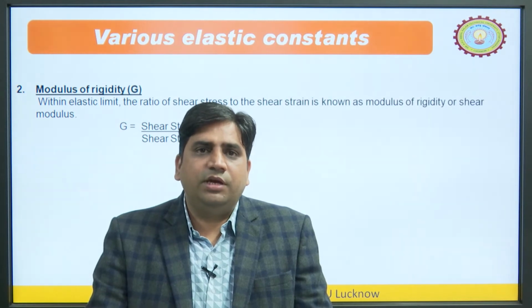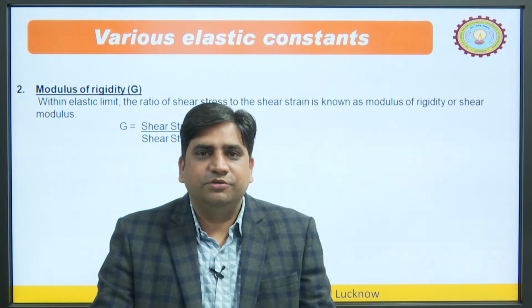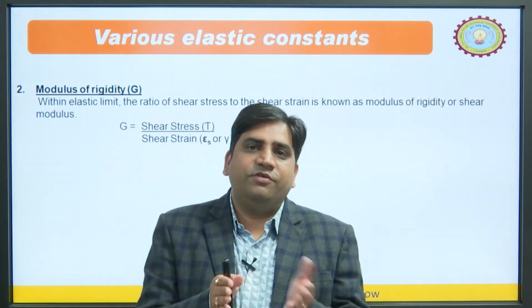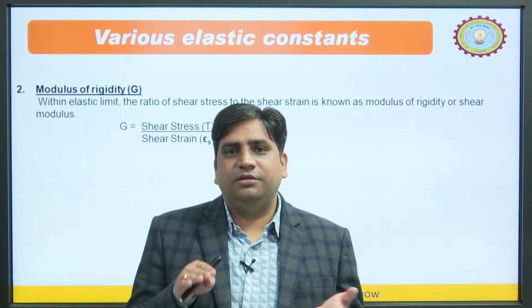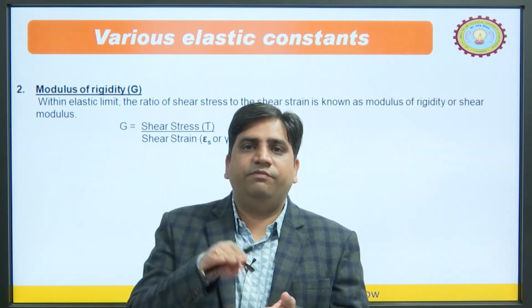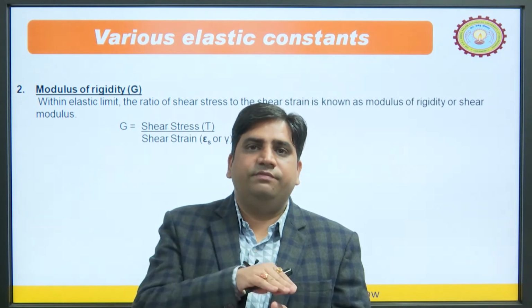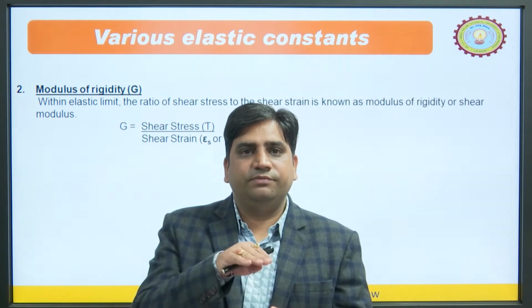Within elastic limit, shear stress is responsible for the deformation, you can see the planes' relative motion with respect to each other, or the sliding of one layer over the other, which creates the shearing action on the layers.